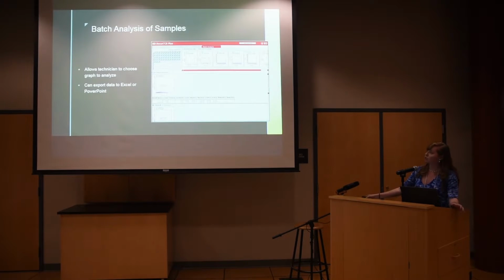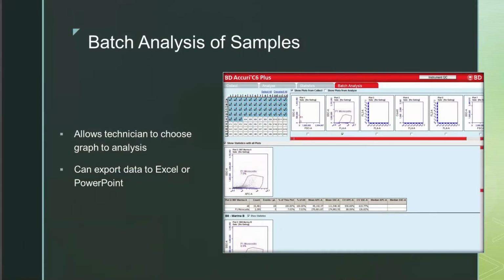But luckily, the machine allows us to batch analyze all of our samples so that we can actually only look at what we want to look at. So after I gate around that microcystis, this is the debris gating and this is the microcystis gating. I can choose to only analyze the microcystis graphs from all of my samples all at the same time.